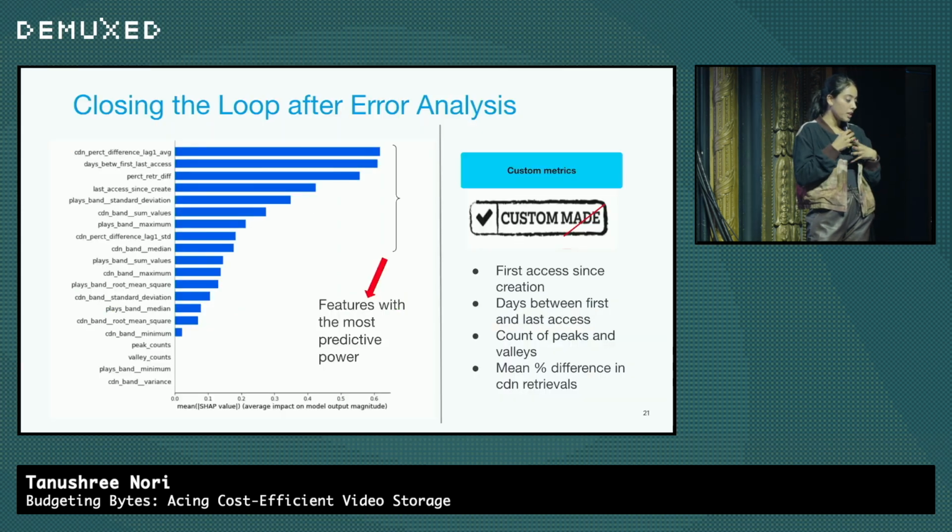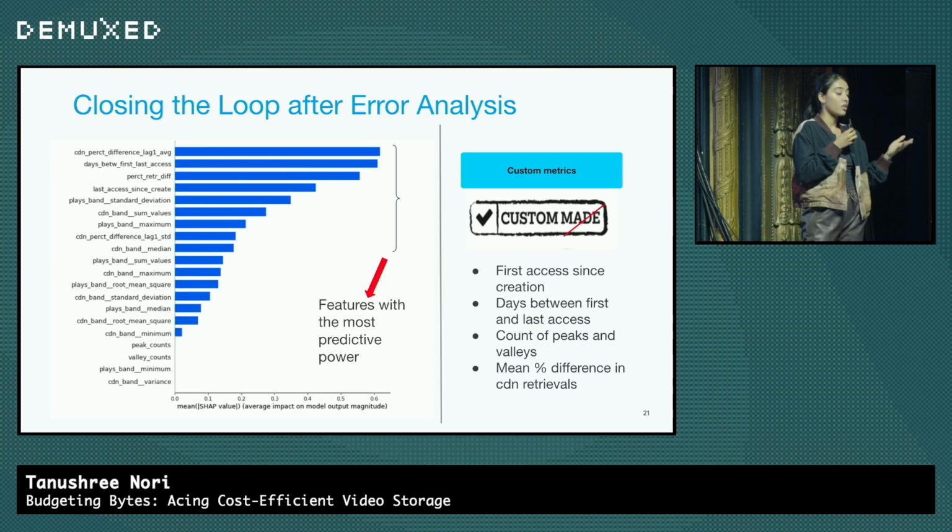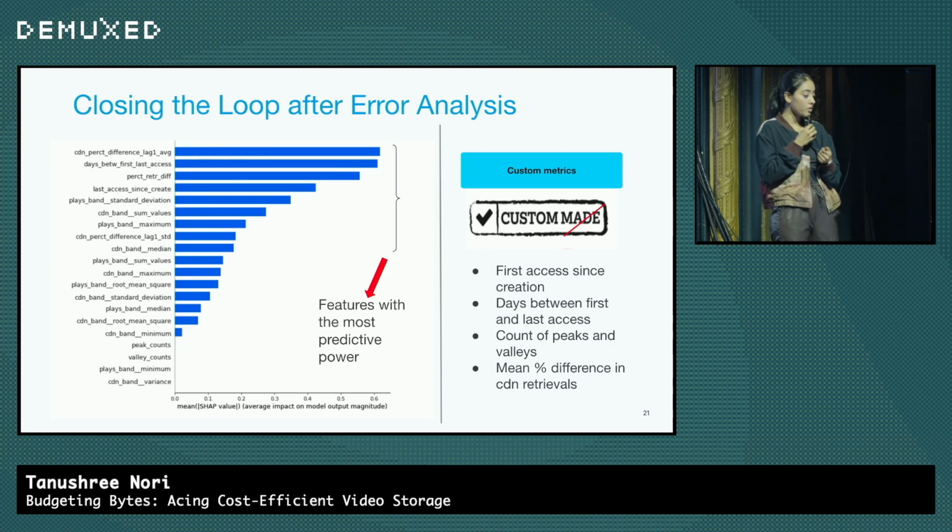With that, what you see on the left, I know the y-axis is kind of hard to discern, shows you the features that were most predictive in our classification model of predicting hot videos from cold videos.